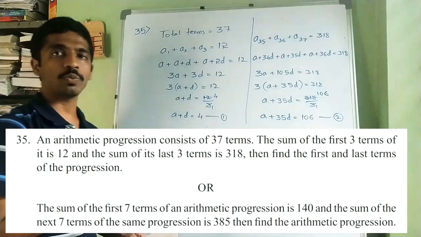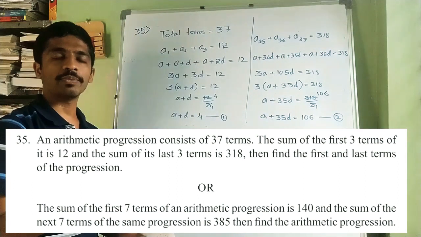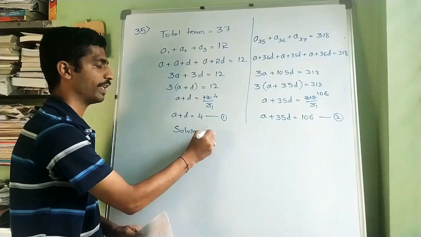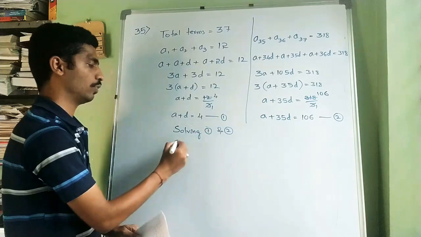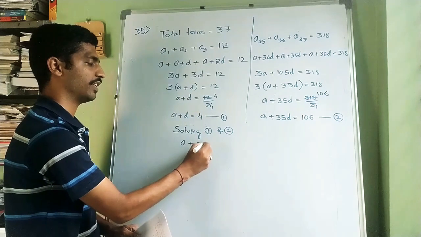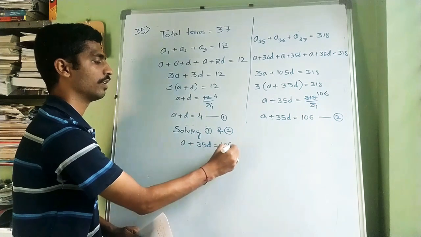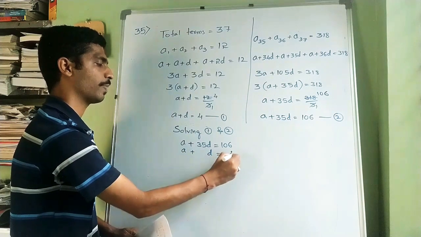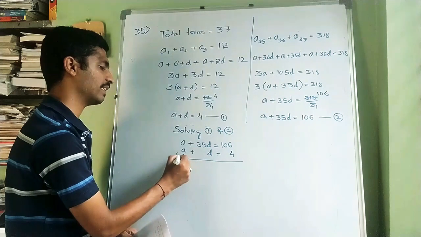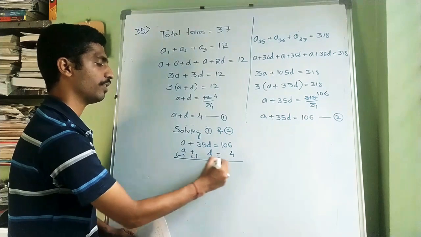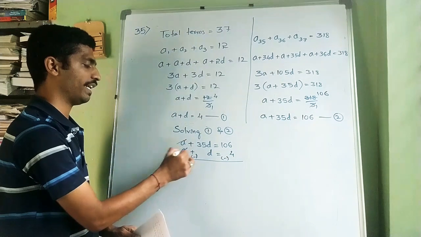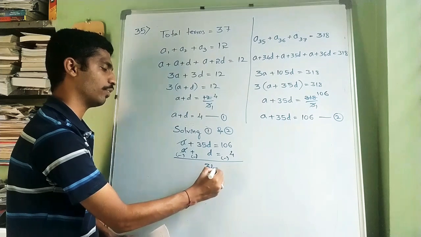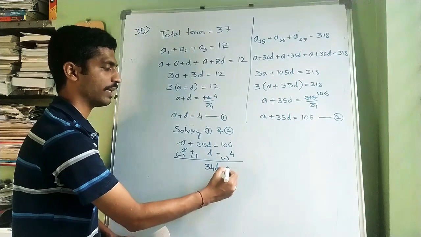So now we got equation number 1 and equation number 2. Solve them by elimination method easily. So solving equation number 1 and 2. So that becomes A plus 35D. Write the bigger one at up and smaller one at below and eliminate them. Okay, so how to eliminate? Make the second equation into minus. So A gets cancelled. 35D minus D, it will be 34D equal to 106 minus 4.